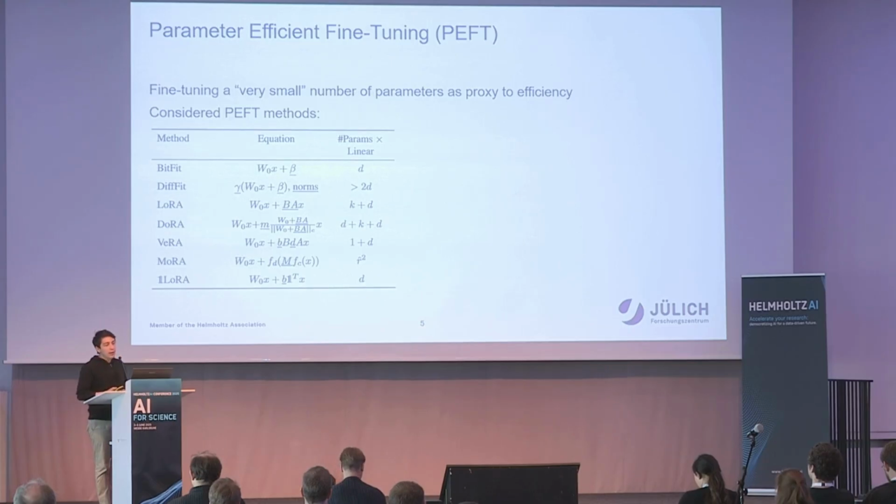So again, what is parameter efficient fine-tuning? It's either finding a subset of the parameters in a model to fine-tune such that it's faster while possibly achieving the same performance as fine-tuning the full model, or introducing new parameters such that the count is small enough to allow for fast fine-tuning.